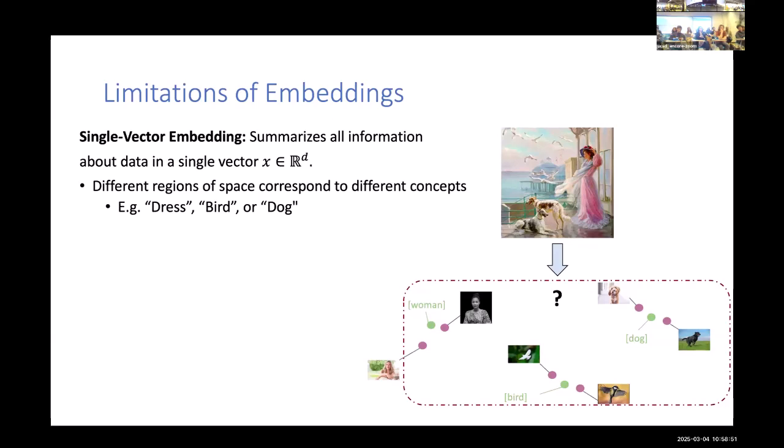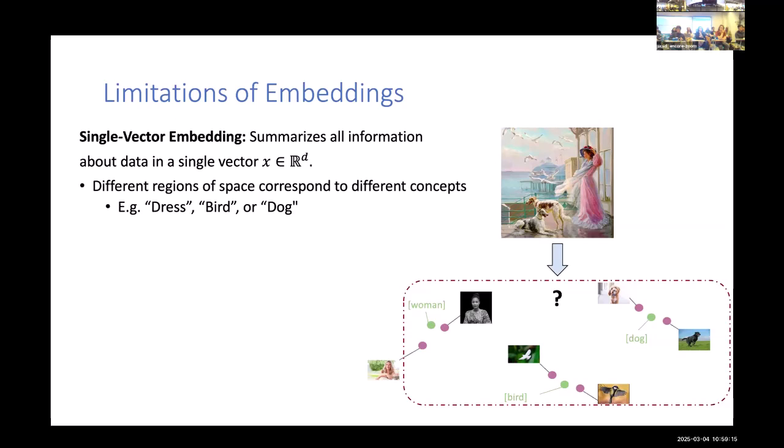What these models do is capture all the conceptual information or details of, let's say, an image into a single vector. But different parts of the image, especially for complex data, correspond to very different parts of the embedding space. These models have a vector, a direction in space, which corresponds to dogs. This image here has some dogs.